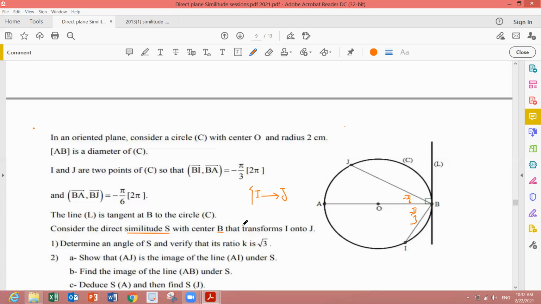Alpha equals the angle BI BJ, since B is the center. How much is the angle BI BJ? Minus 90.